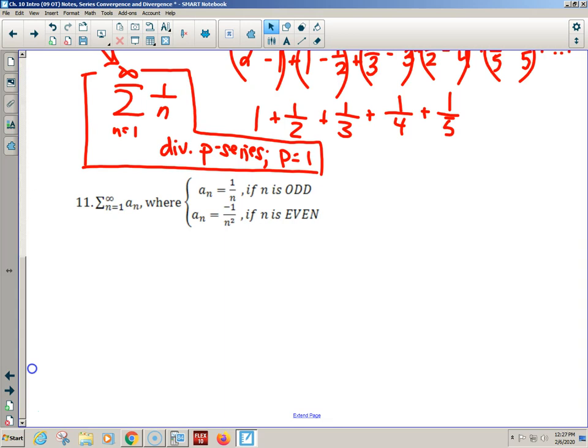Negative 4, 16, negative 6, 1, 5 is 1, 4. 6, negative 1, 36. Okay, so it's my homework? No, not yet. Oh, she's writing that.